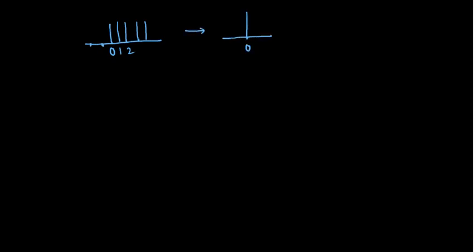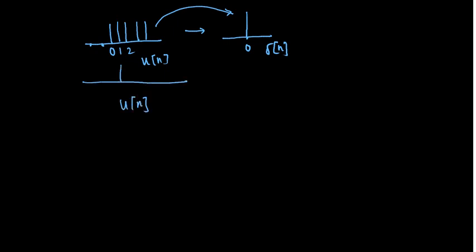How can we obtain it using only u of n? Keep u of n as it is. Shift this signal one place towards the right, so it will be 0 here and begin from 1. You subtract these two, and you will get this signal.